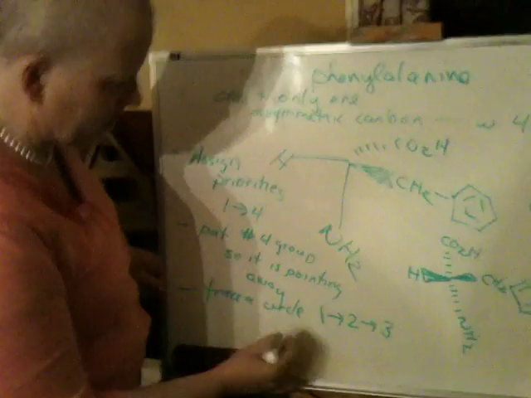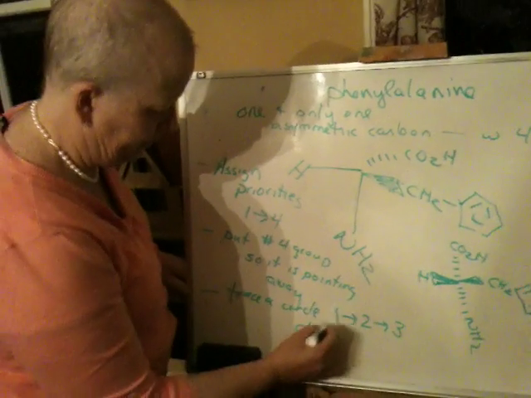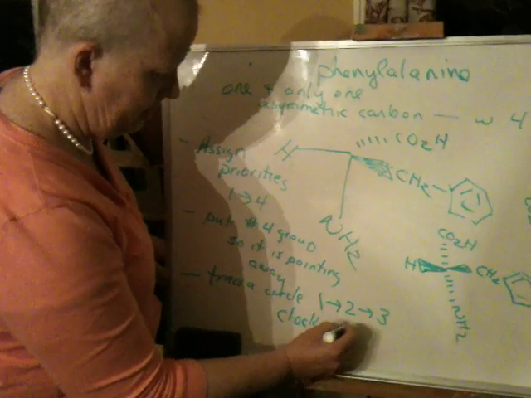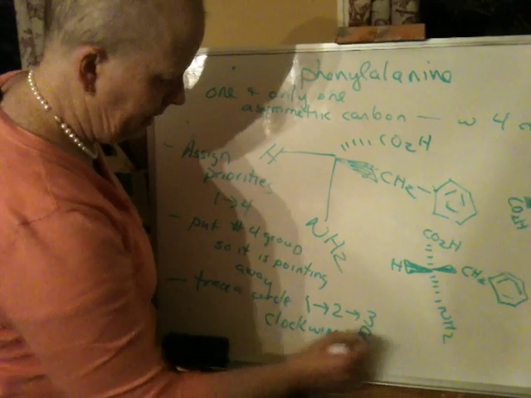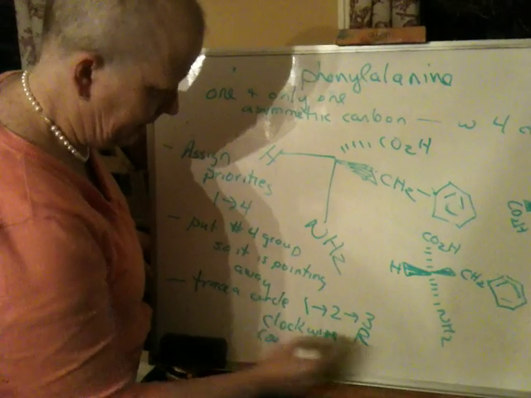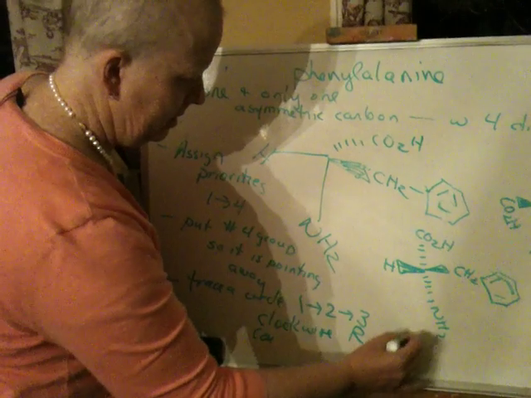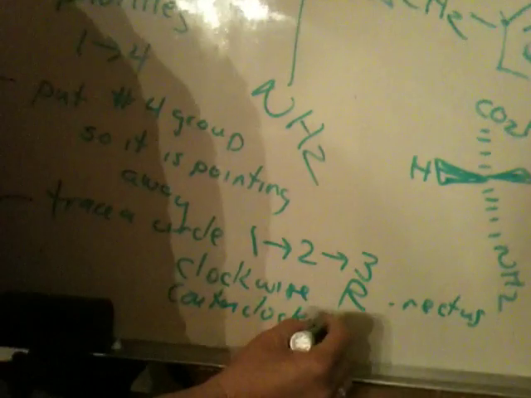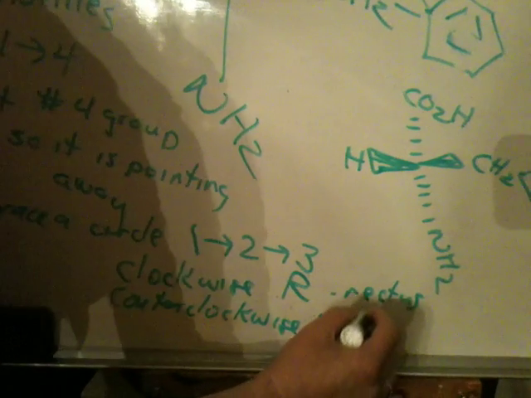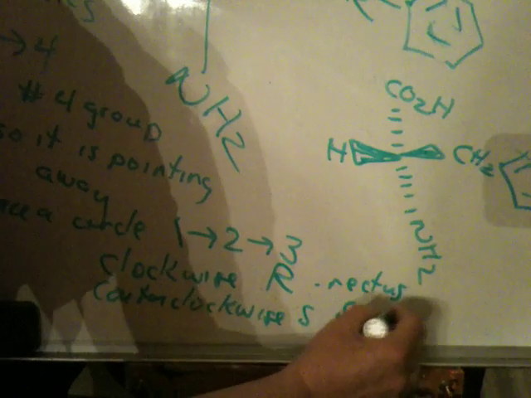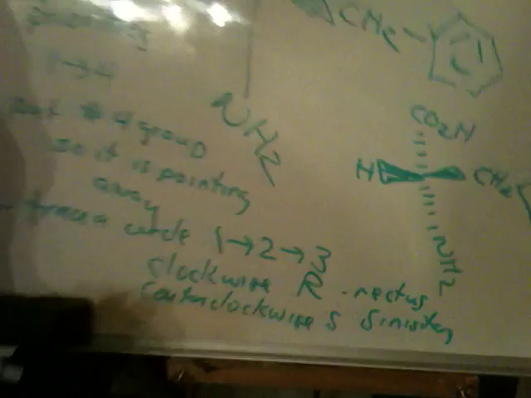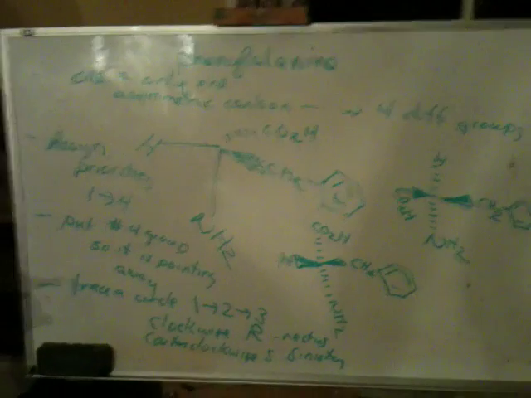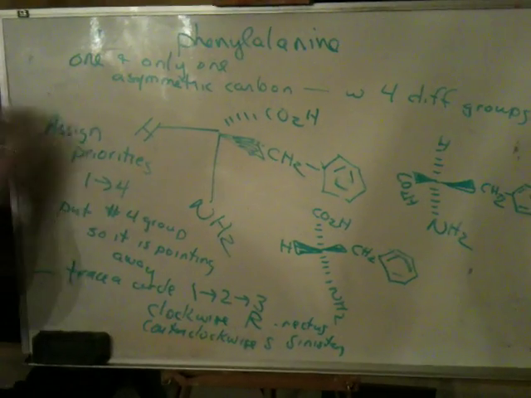If that circle is clockwise, it's R, which stands for the word rectus. If it's counterclockwise, it's S, which stands for the word sinister. So all you left-handed people out there are sinister. Anyway, this is kind of the basic deal.